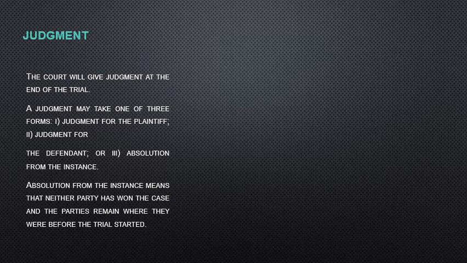So in a case where the plaintiff's evidence is less than the 50% marker and the defense is less than the 50% marker, then absolution from the instance. The evidence is not sufficient.